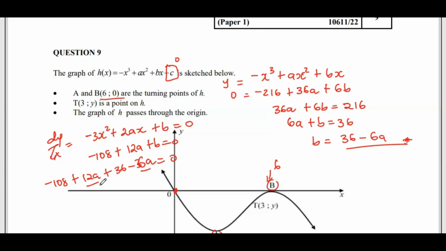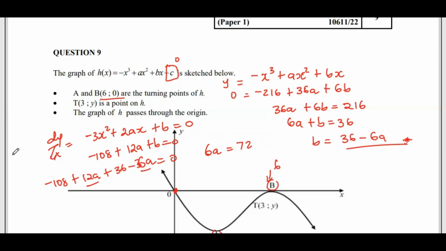So this and this is going to give us 6a. Negative 108 plus 36, getting negative 72. Then I'll divide both sides by, wait a minute, this is positive 6a. That's a negative. Okay.